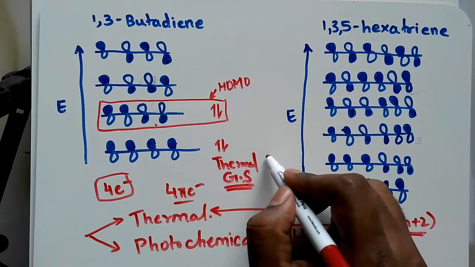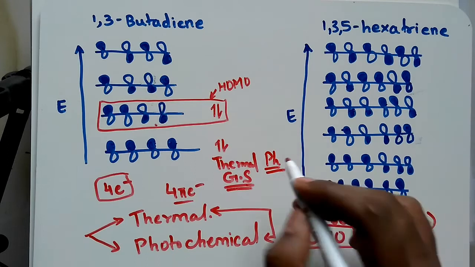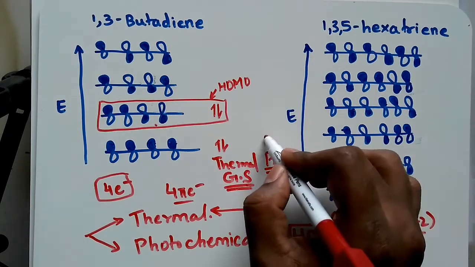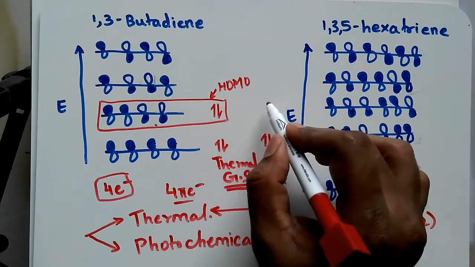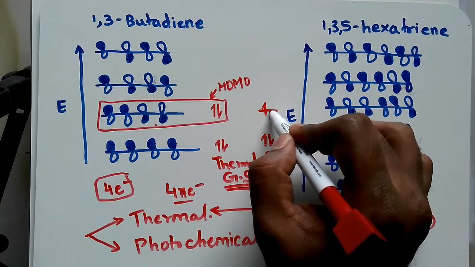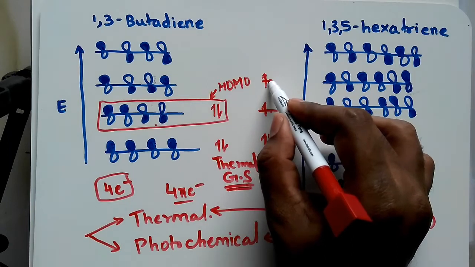Now what happens in the photochemical state, which is the excited state? In the excited state, 2 electrons will remain here. Among the next 2 electrons, 1 electron stays in this level, and the second electron jumps to the next orbital.